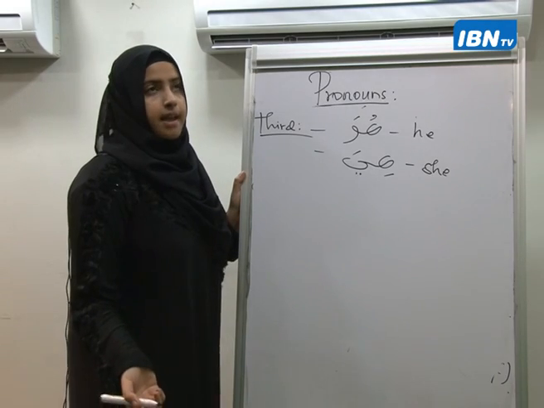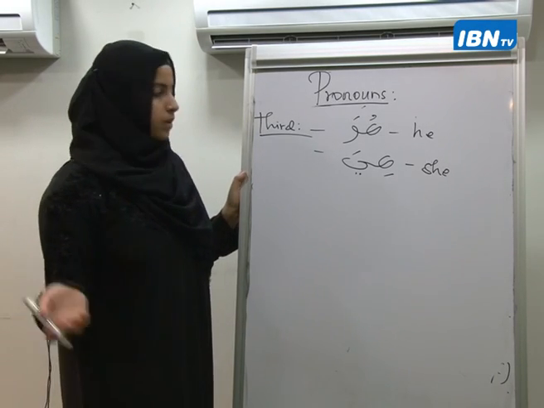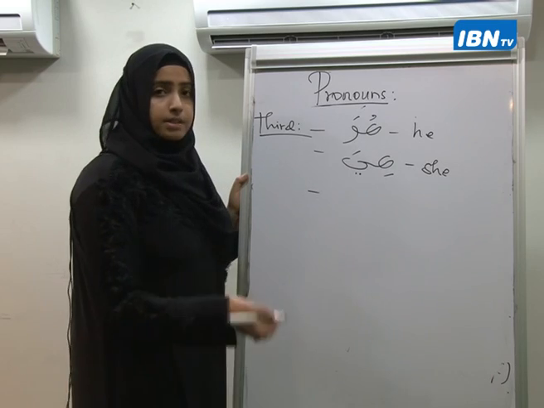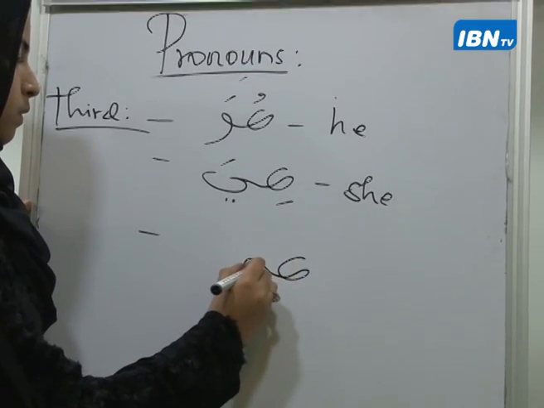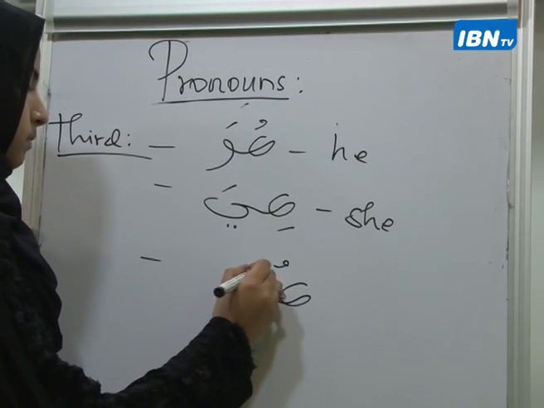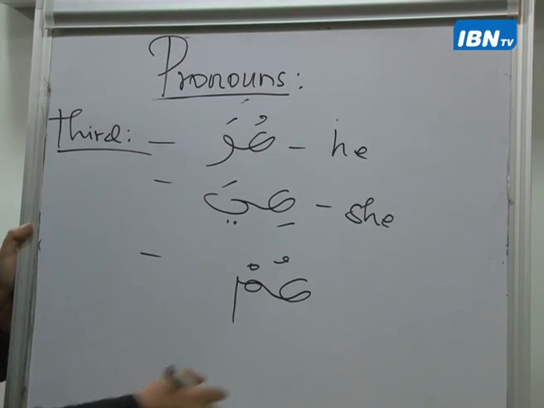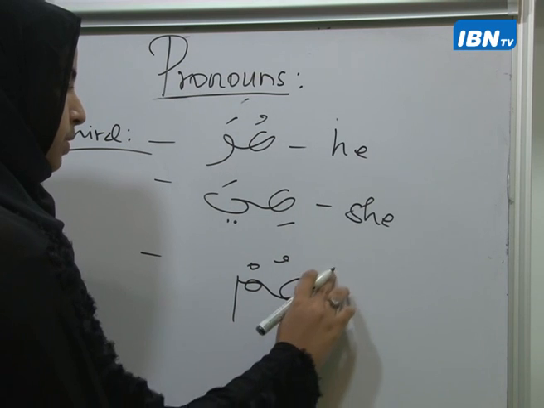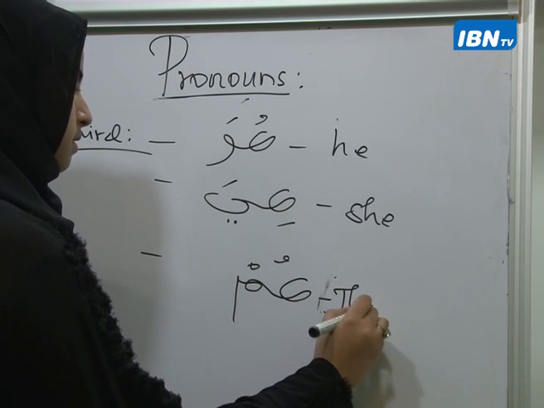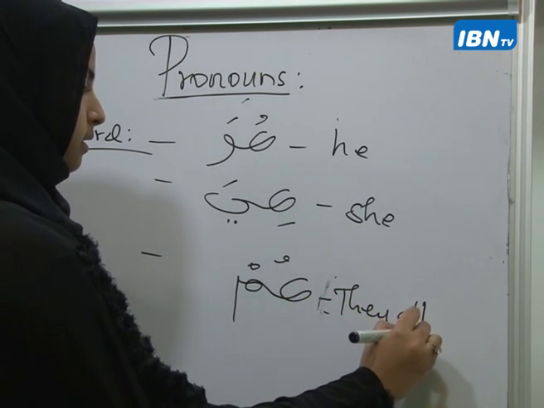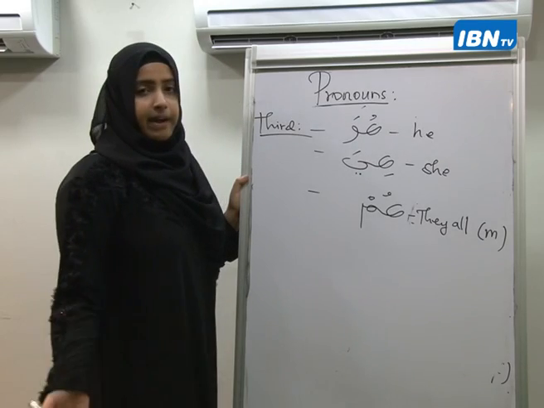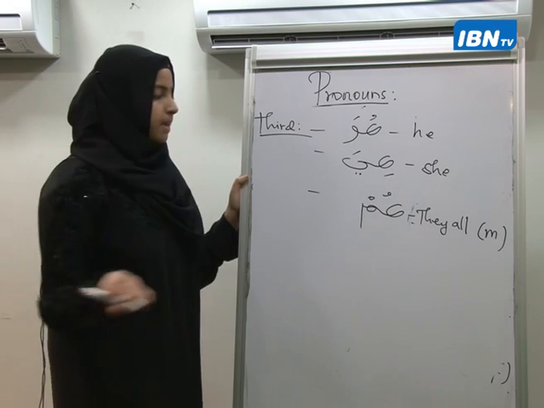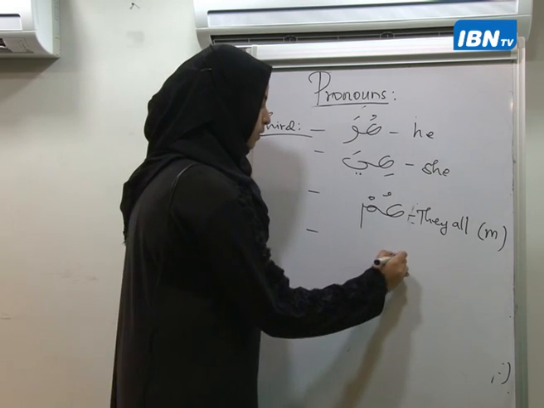If I want to say they, but they what? They male, okay? So I'll say hum. They all male, which means they all, but masculine, right? And if I want to say they all female, I'll say hunna.